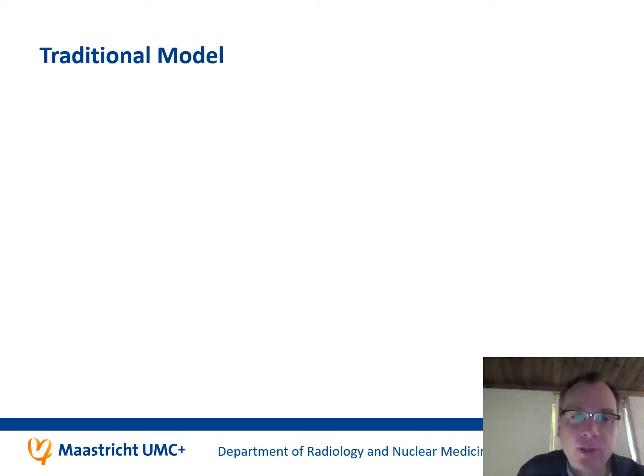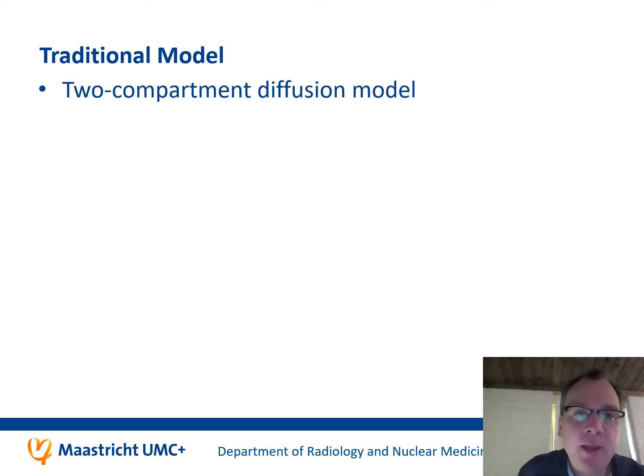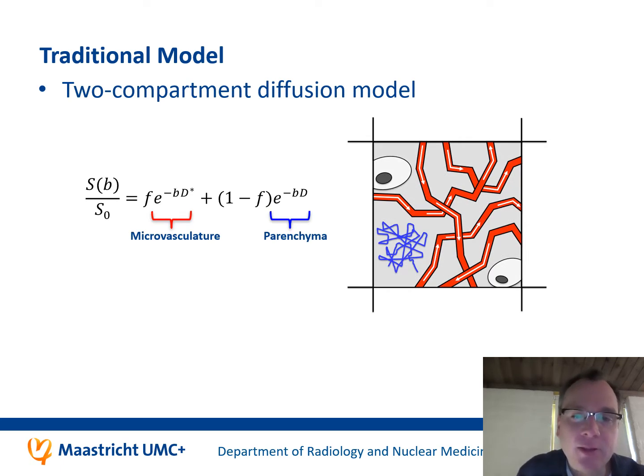And if we then go to the traditional model to analyze IVIM, we use a two-compartment diffusion model. Here you can see the two compartments. In red, we have the microvasculature, which is the pseudo-random capillary network, and in blue we have the water molecules in the parenchyma, which basically have Brownian motion.